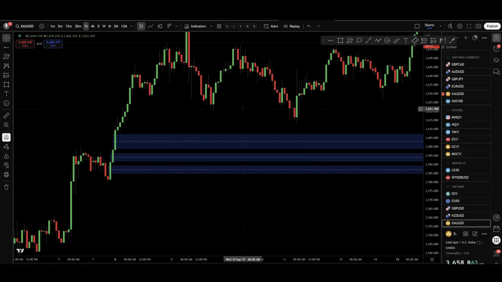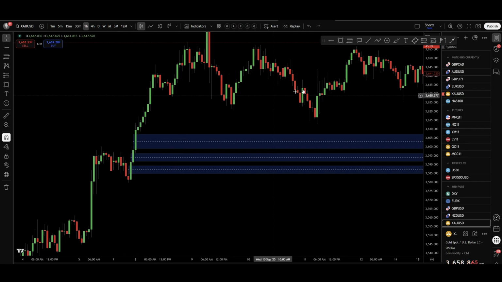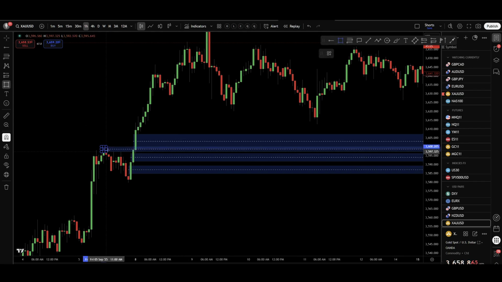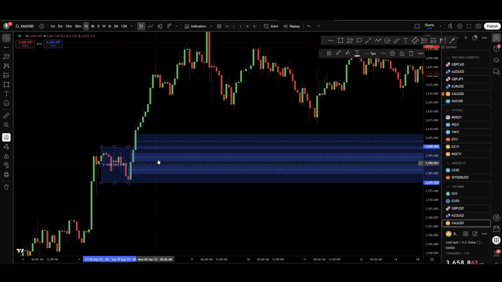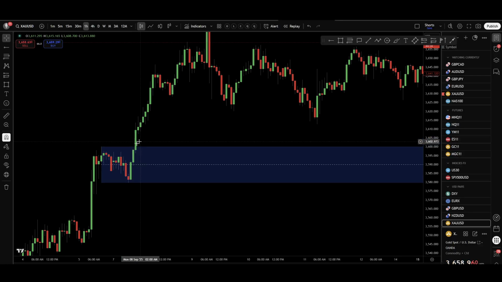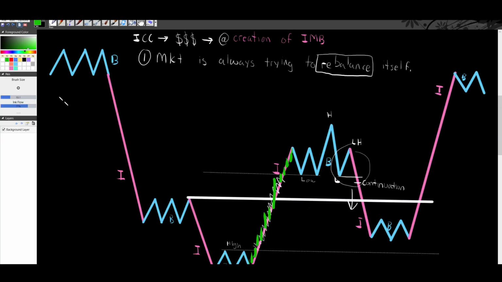Instead, what I'm doing is I'm understanding that, okay, this whole area is an area of balance. So this right here is equivalent to my blue. That's an area of balance.